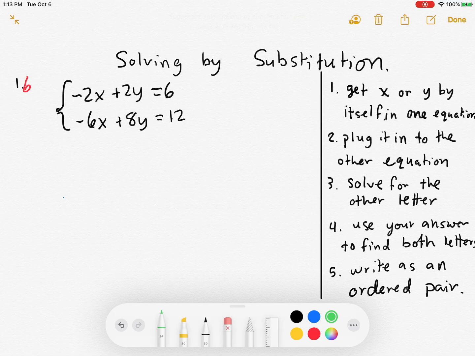I'm looking at the top equation, and I'm noticing that if we divided each of these numbers by 2, we'll get negative x plus y equals 3. Hey, since we already divided, we're not going to get fractions. Let's use this equation to plug into the other one.